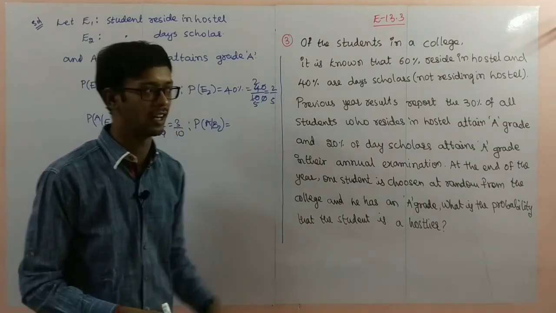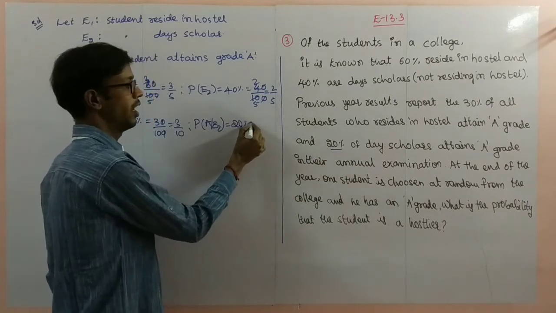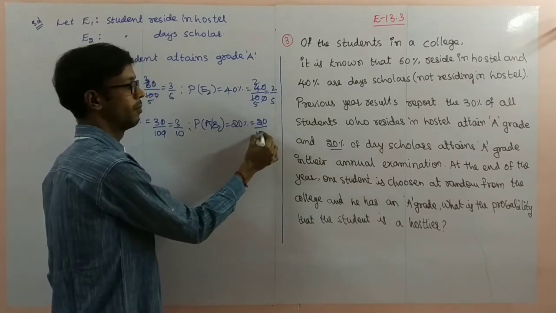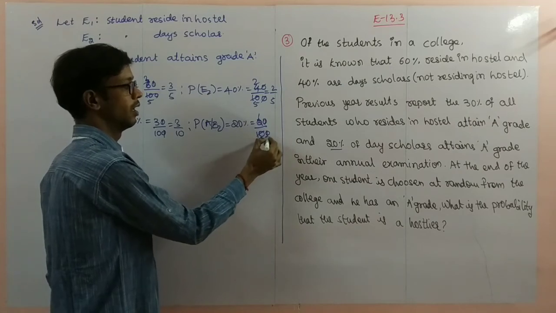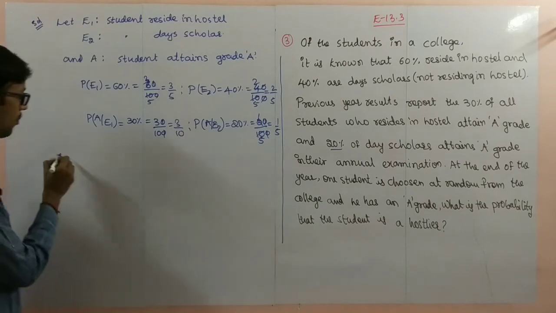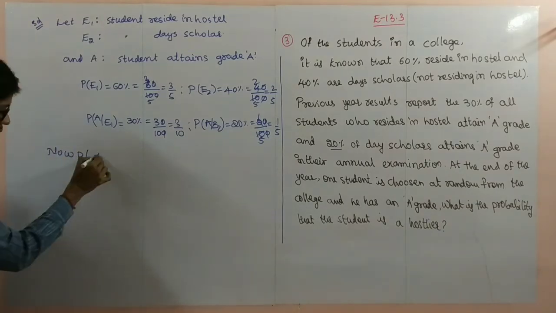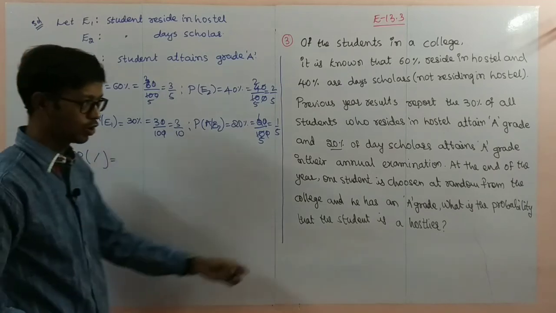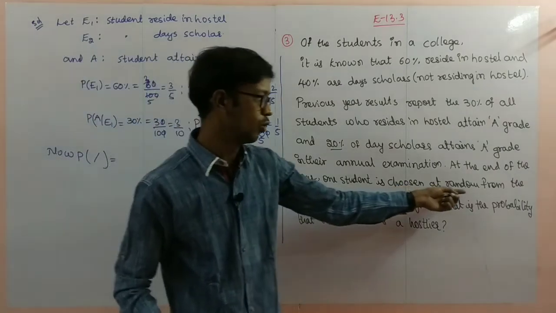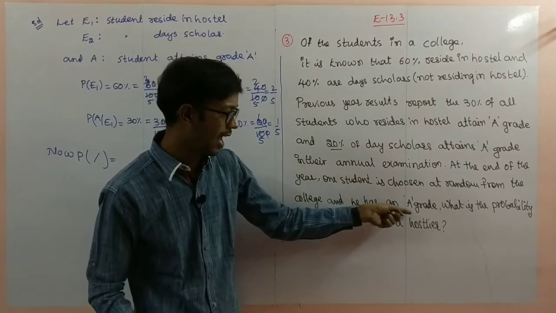It is given clearly, 20%, that is 20 by 100, 2 1s are 2 5s are 1 by 5. Now we have to find the probability, and the question is very important: a student chosen at random from the college has an A grade.